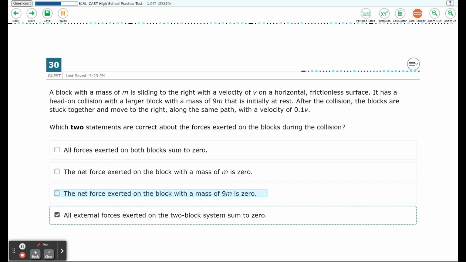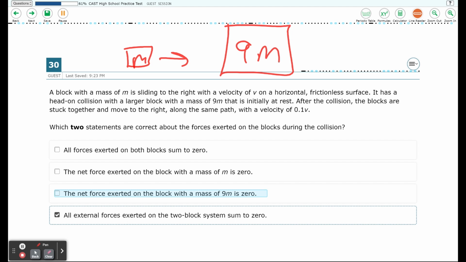All right, so when two blocks hit, we've got a block m that's moving, and we've got a block 9m that's stationary that gets hit. So when this block hits the other one, we have contact here, which will give us a Newton's third law pair of forces.